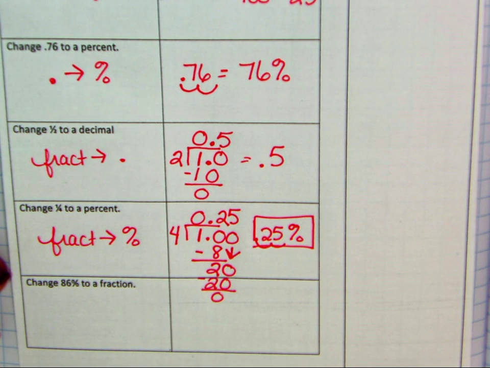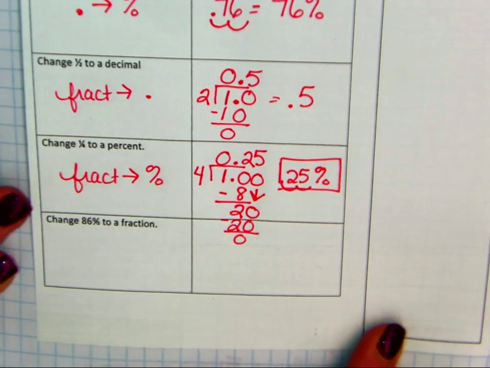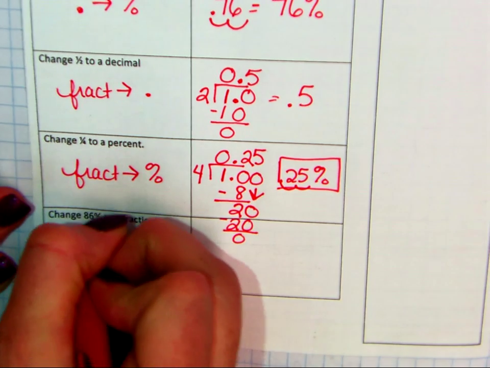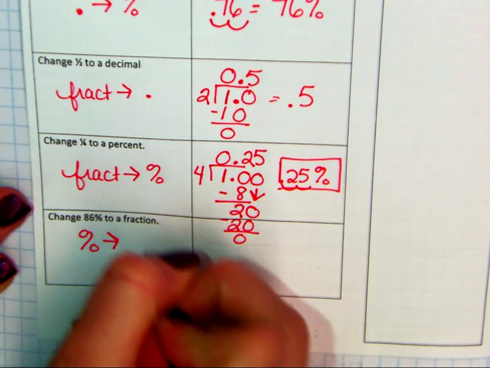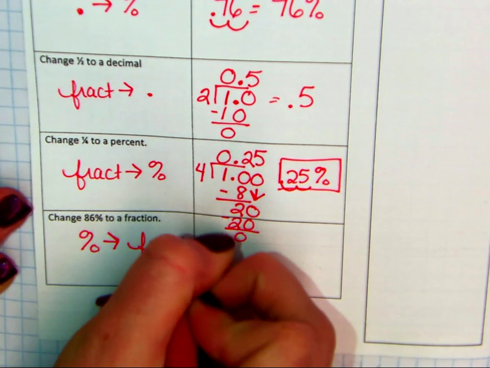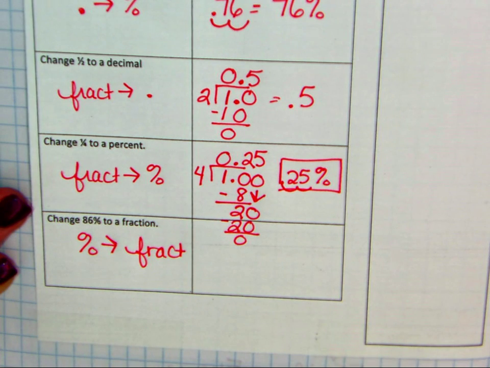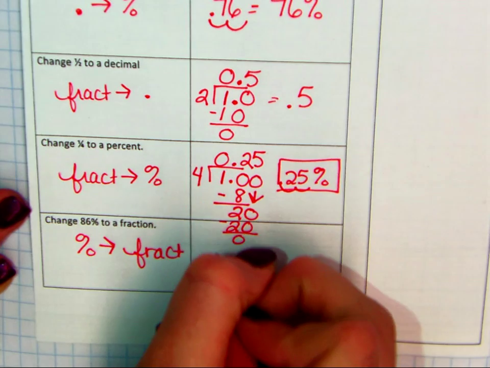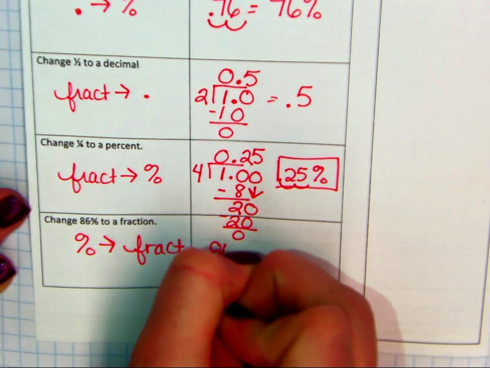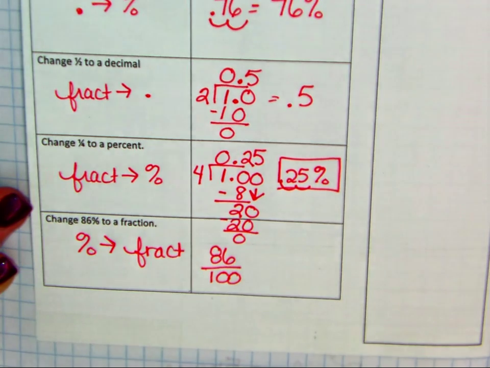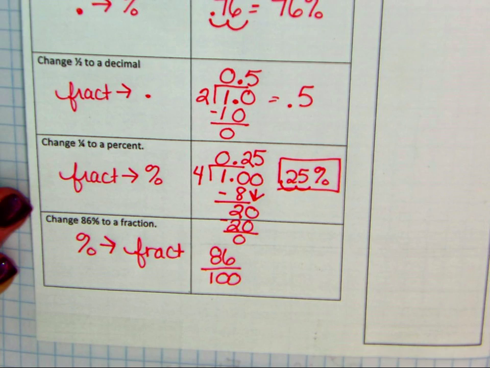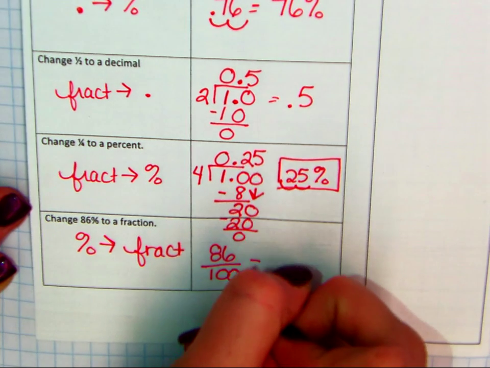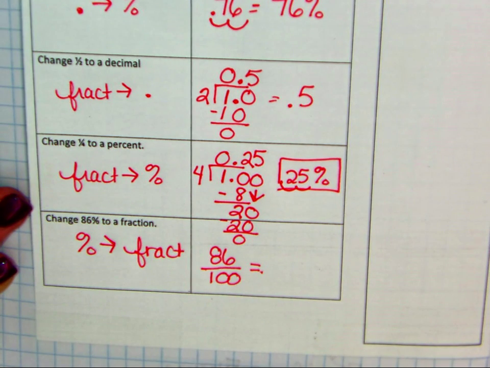And our last one, okay? Change 86% to a fraction. Okay, so let's remember now that 86% is 86 pieces of 100 whole. 86 out of 100. So now we are going to take that and we're going to simplify it.